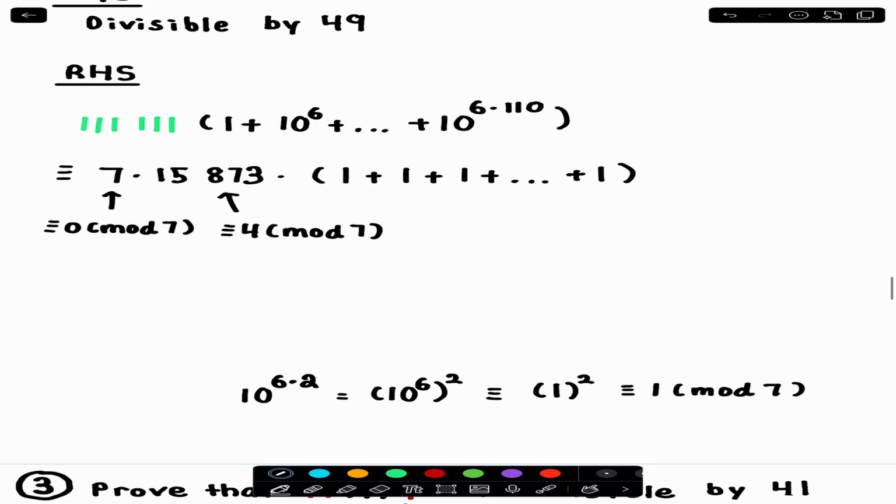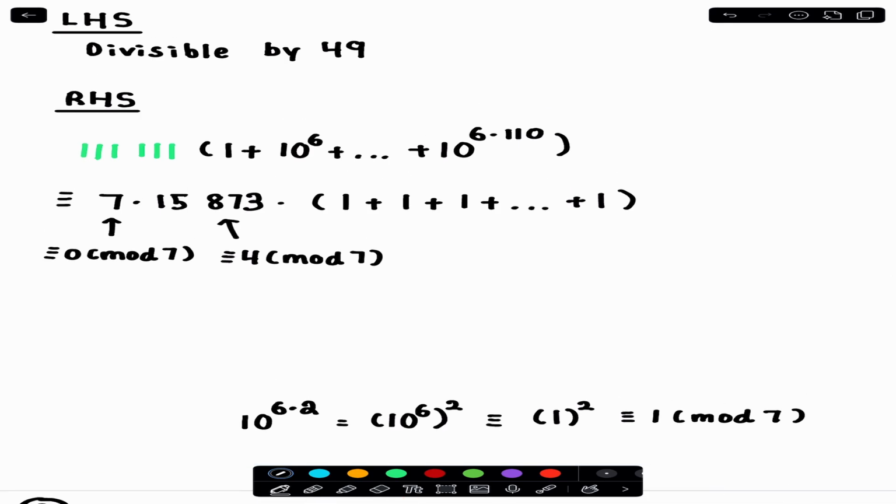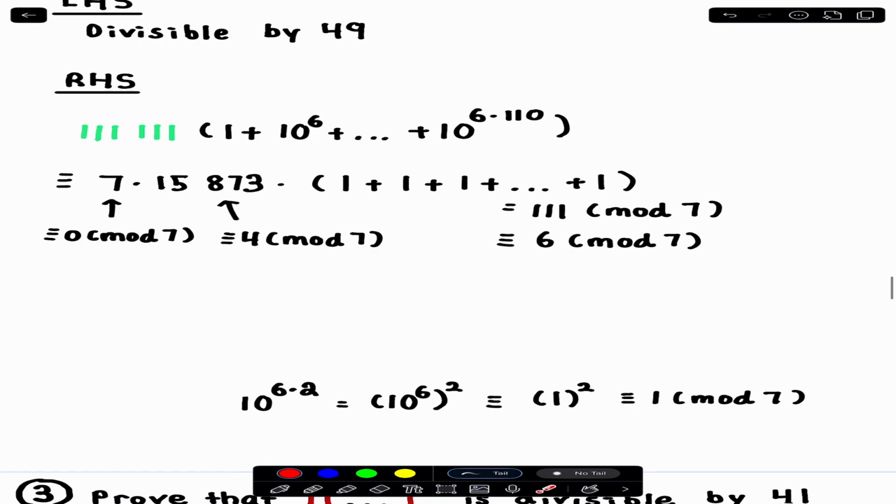So their sum is 111, and when we take that mod 7, we'll find that it is congruent to 6 mod 7. So we could not get that second factor of 0 mod 7.